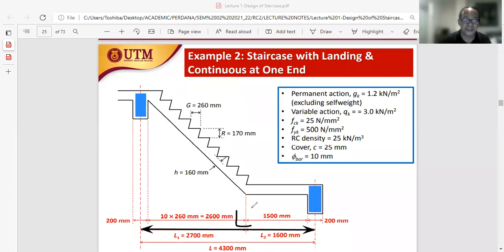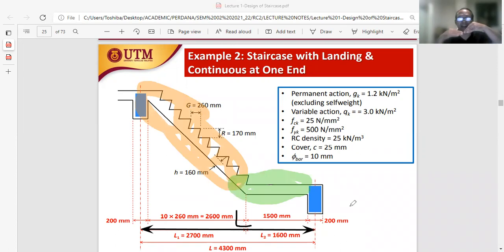And within this total L, now we have a combination where we have an inclined section together with a horizontal section. This is our horizontal section. We have an inclined section and a horizontal section within a single span.